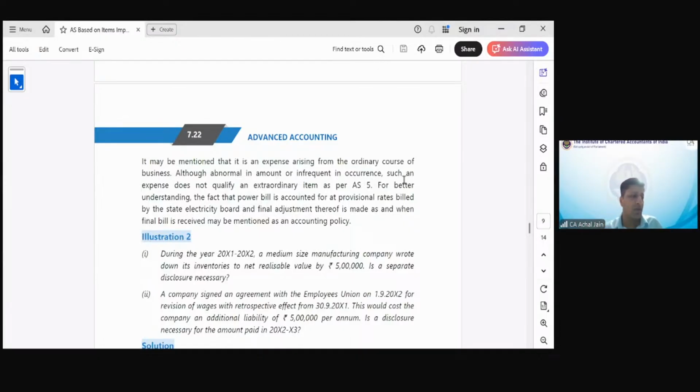In this case, what do you think? Is a separate disclosure required? Yes or no, and why? Over to you.